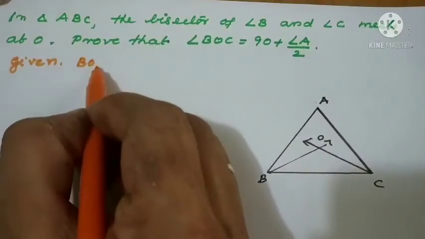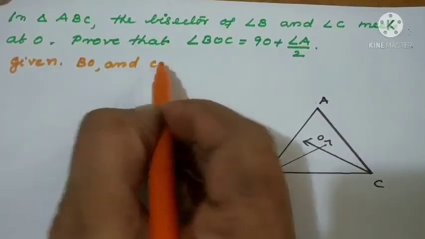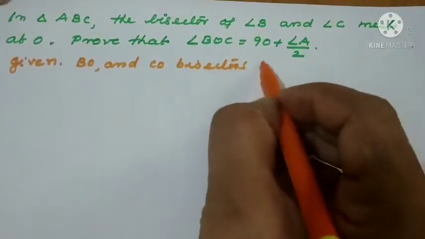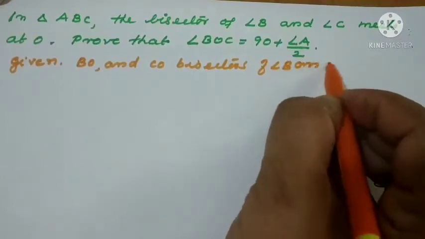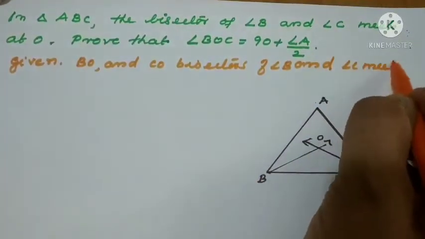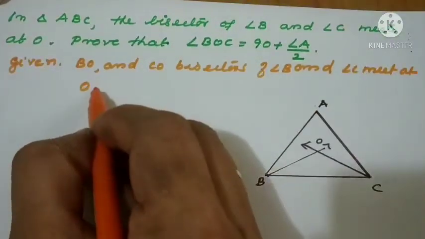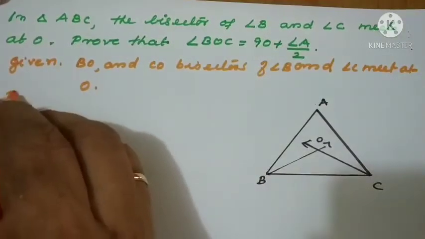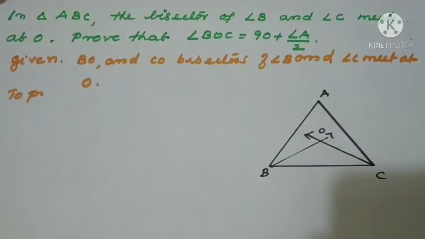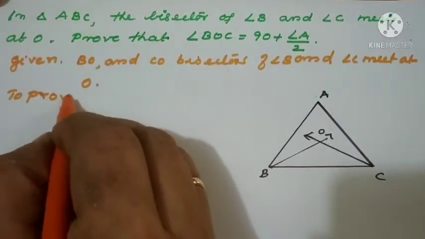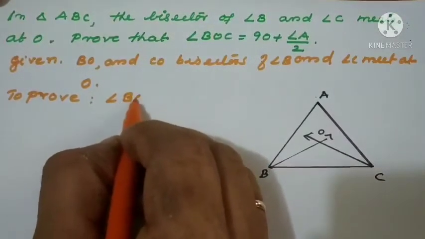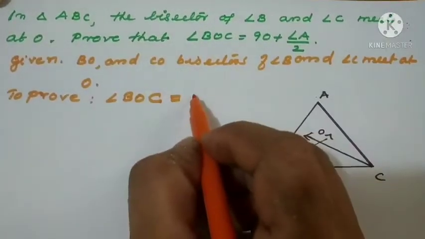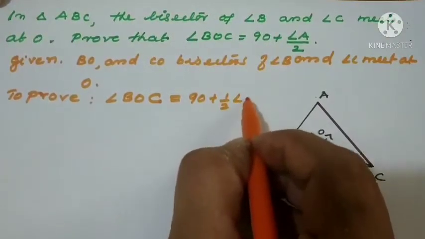BO and CO are the bisectors of angle B and angle C, meeting at O. To prove: angle BOC equal to 90 plus half into angle A.